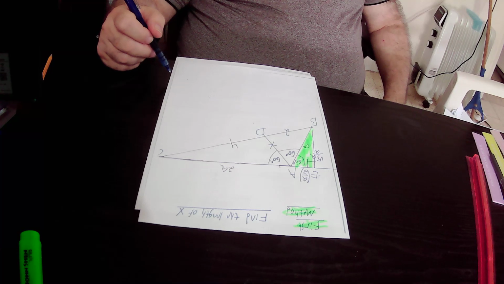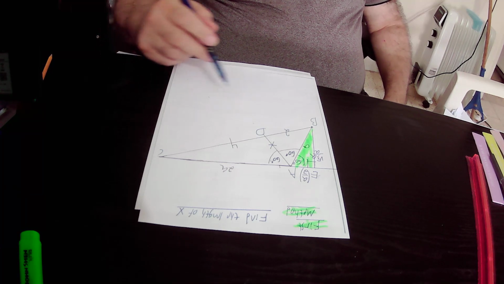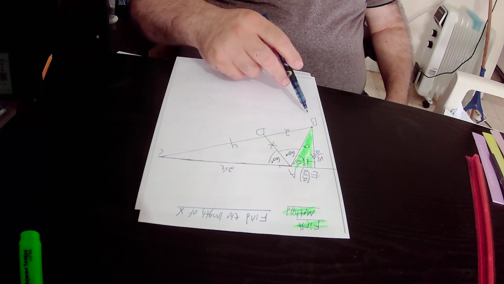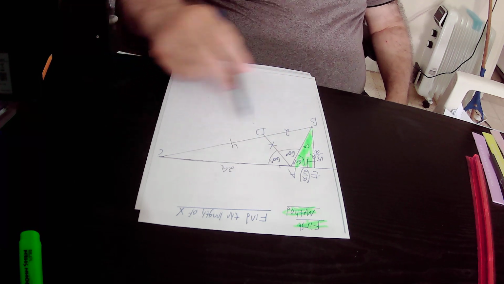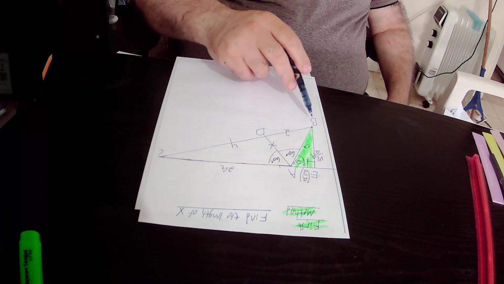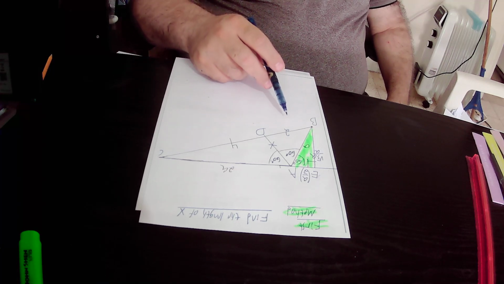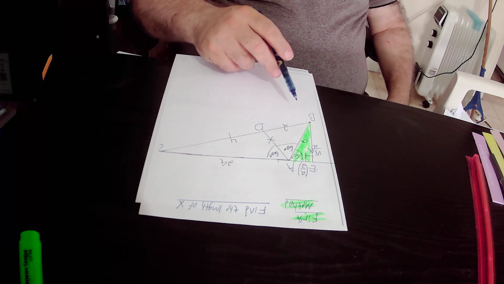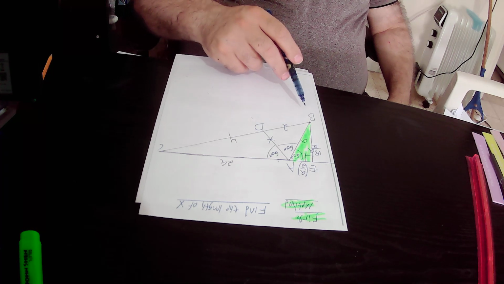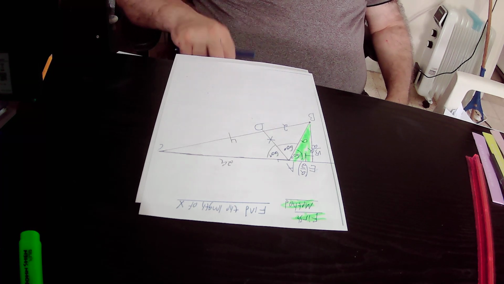In the next step, we will apply the Pythagorean theorem on the big right triangle, triangle BEC. I'll copy the right triangle BEC onto a new page, and we will apply the Pythagorean theorem on the right triangle BEC.